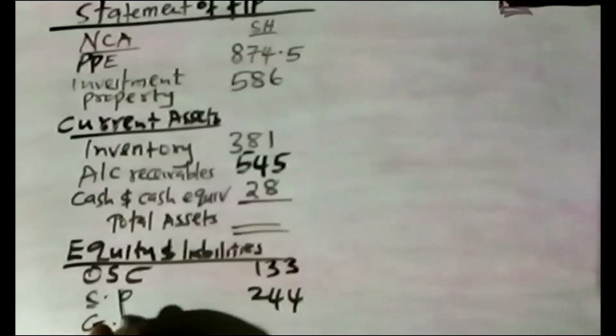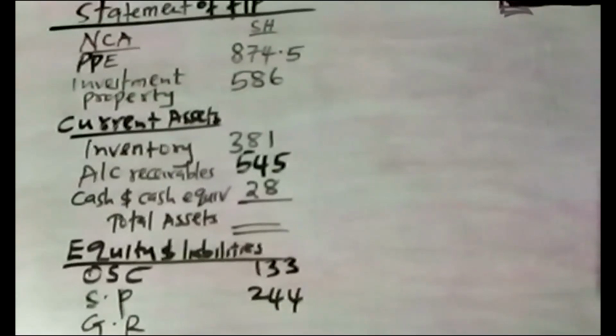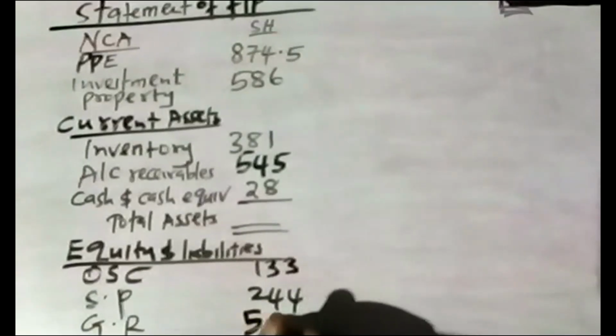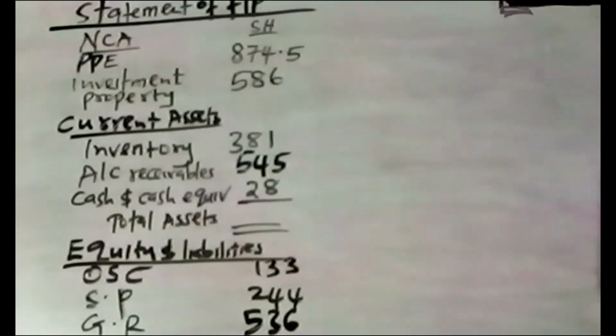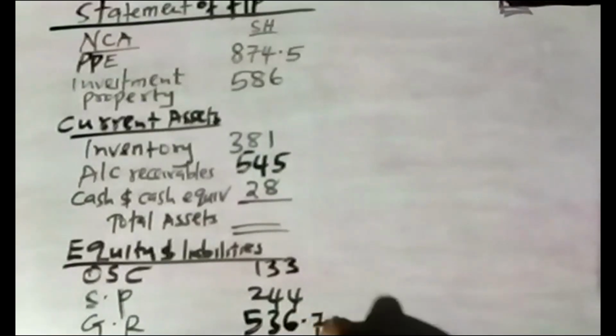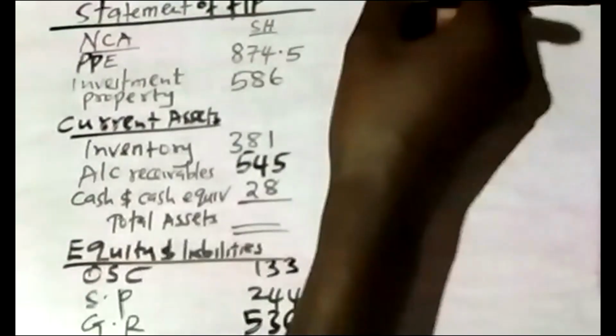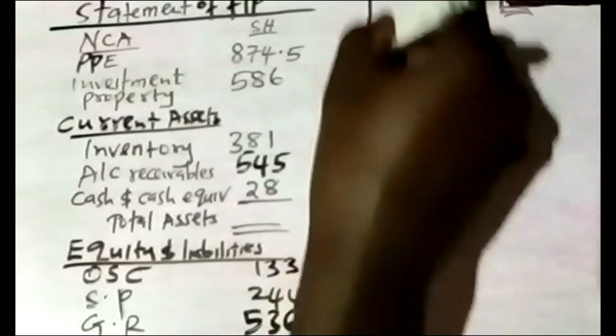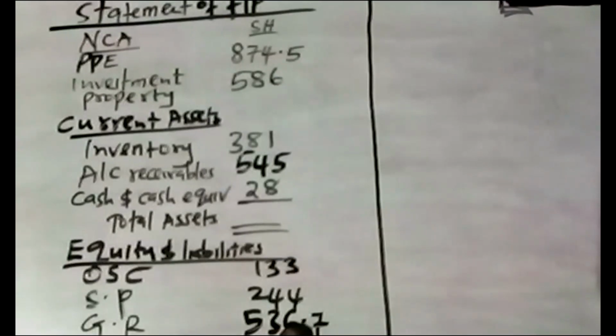Our general reserve was 536, or I think it was 536.7, so 537. Then what about retained earnings?